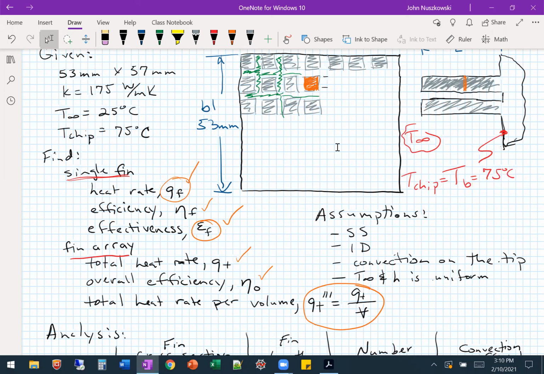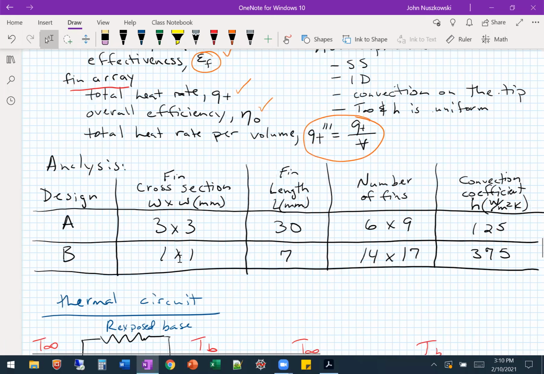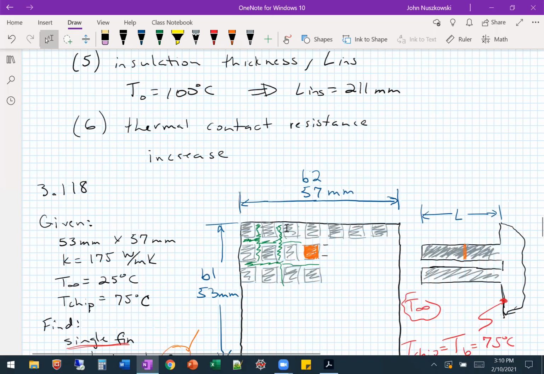The space that the computer allows you to have for this heat sink. I mean, you could still have 53 by 57. Let's just make each of these fins 0.5 millimeters by 0.5, or 0.1 by 0.1 millimeters. It's still the same base. Why don't we just make even more?